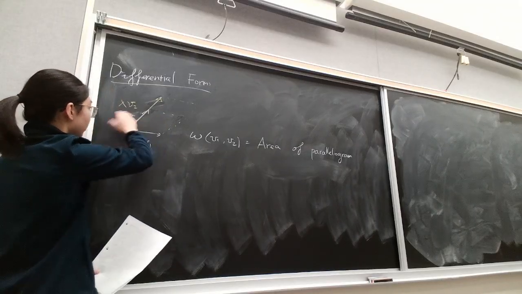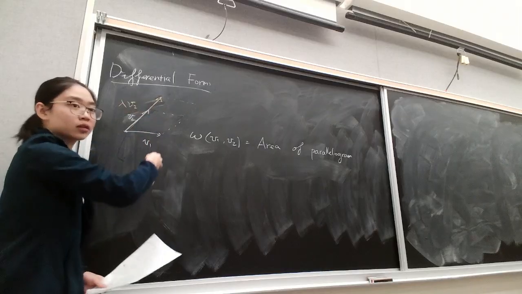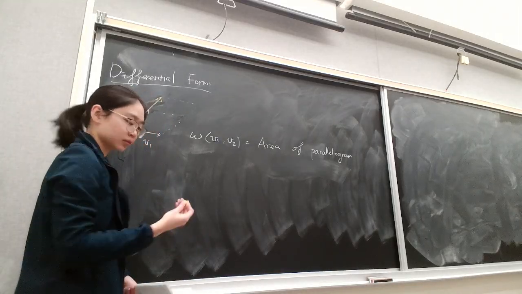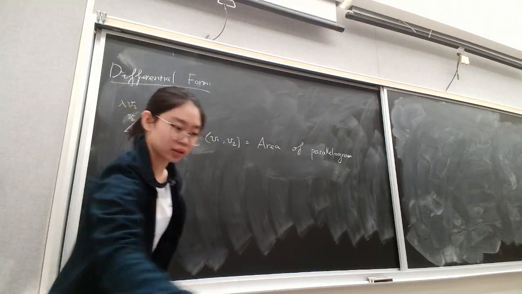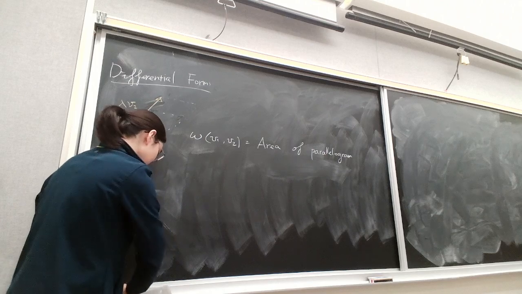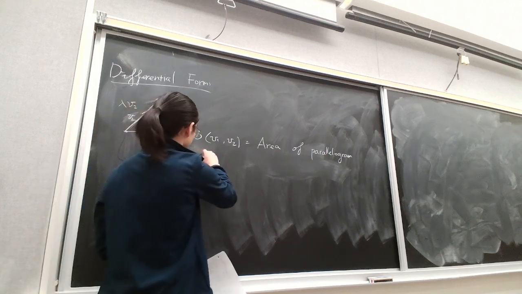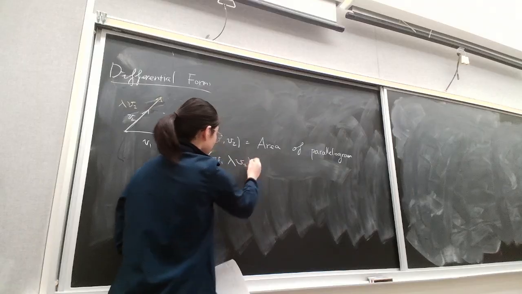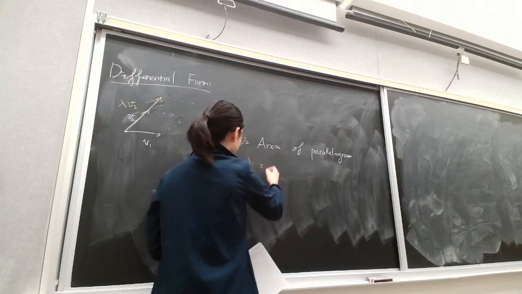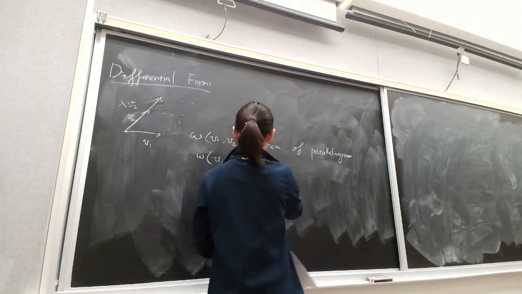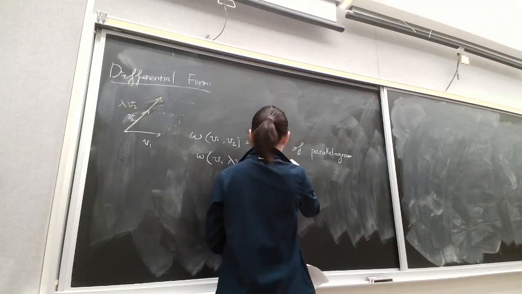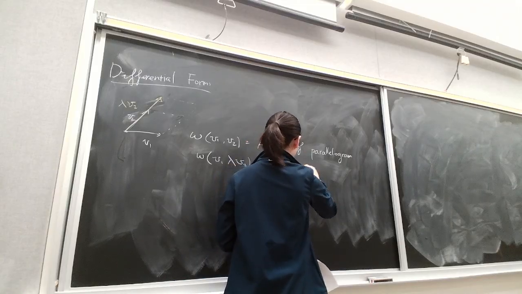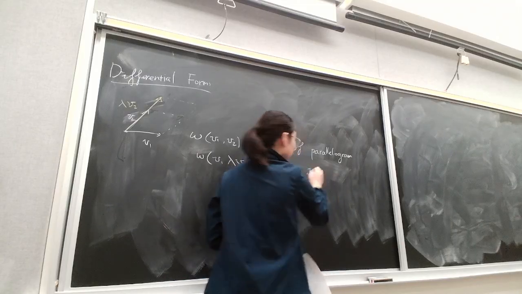You would notice that the area gets multiplied by lambda. So what we want is omega of v1, lambda v2 to equal lambda times omega of v1, v2.